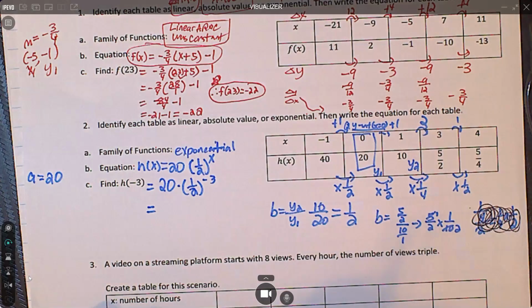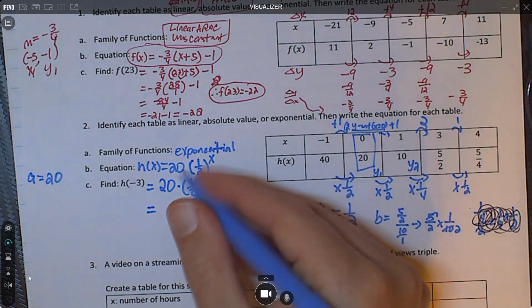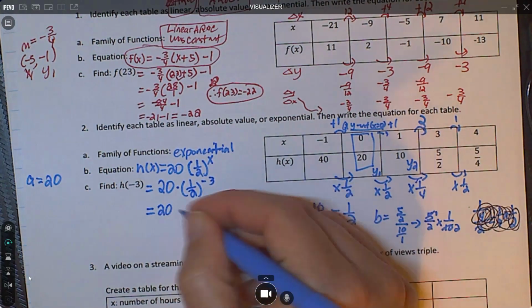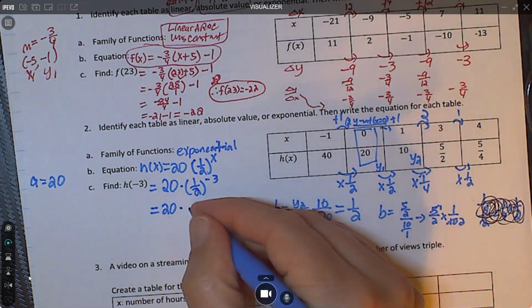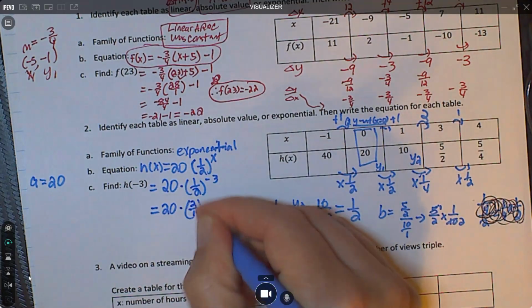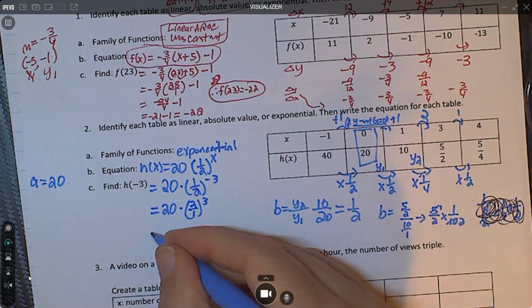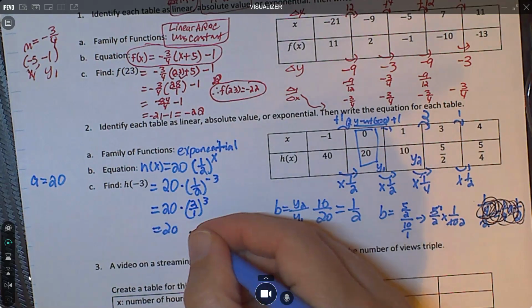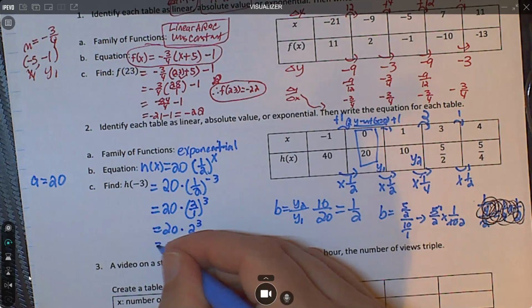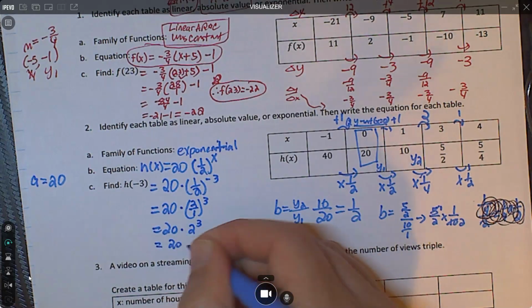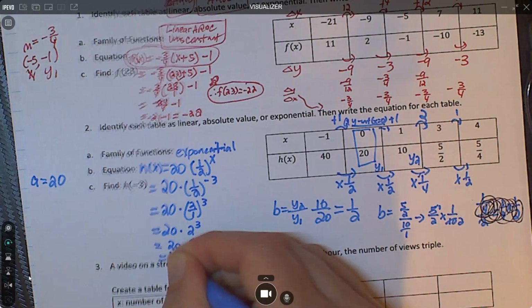If you do this without a calculator, you got to flip it. 1/2, you got to flip it upside down and then take it to the third. 20 times 2 to the third. 20 times 8, 160.